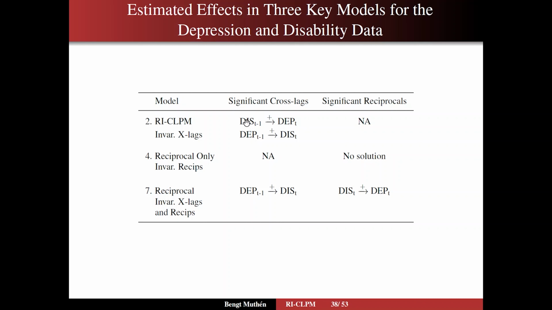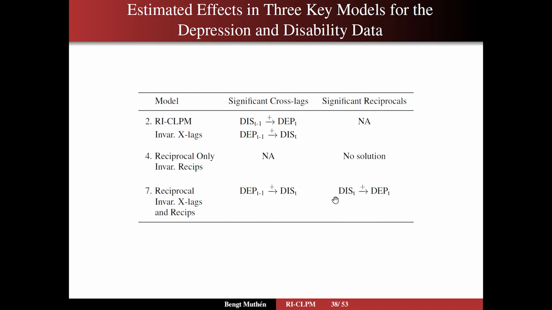So you get both of those cross-lagged effects, whereas you don't have reciprocal parameters in the model. For the reciprocal only model, we have no solution. For the reciprocal model, under the invariance of cross-lags and reciprocals, you keep one of the two cross-lagged effects, the dep to dis, but the other one, dis to dep, becomes a lag 0 effect instead.